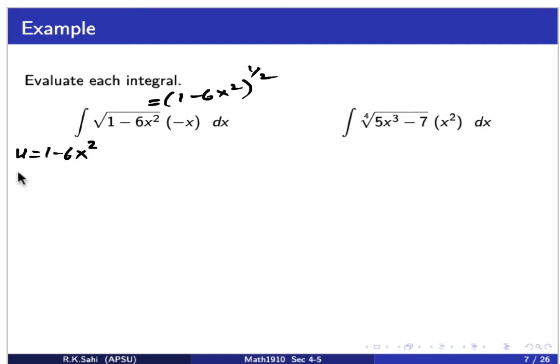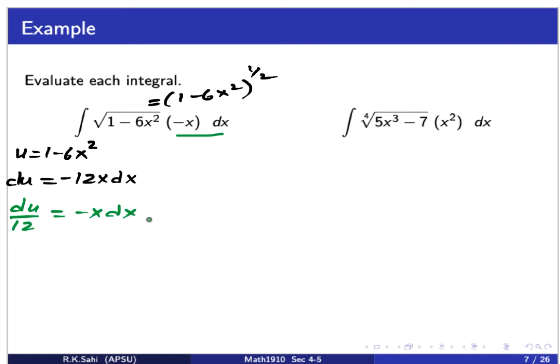The next step in the u substitution is to find du: minus 12x dx. Every time you do this, go back to the original problem and ask what is missing and what is present. What I see is the presence of minus x dx. The 12 is not there, so we can write du over 12 equals minus x dx.